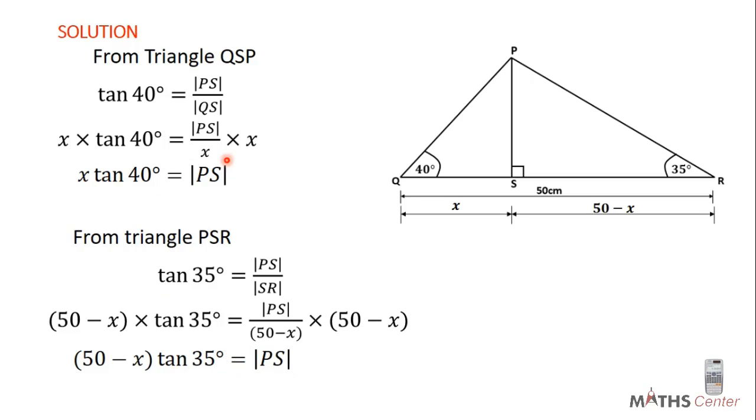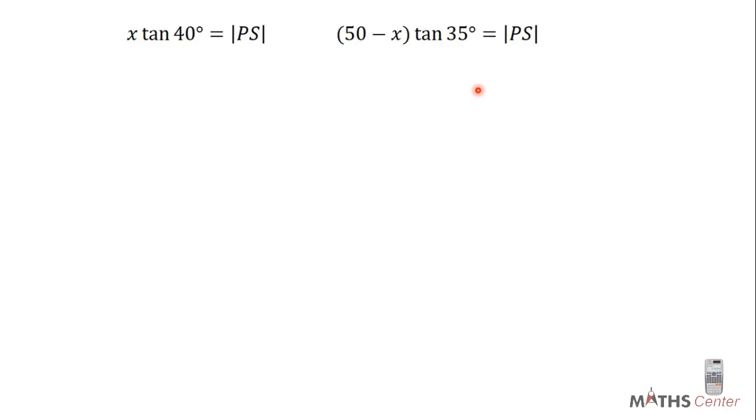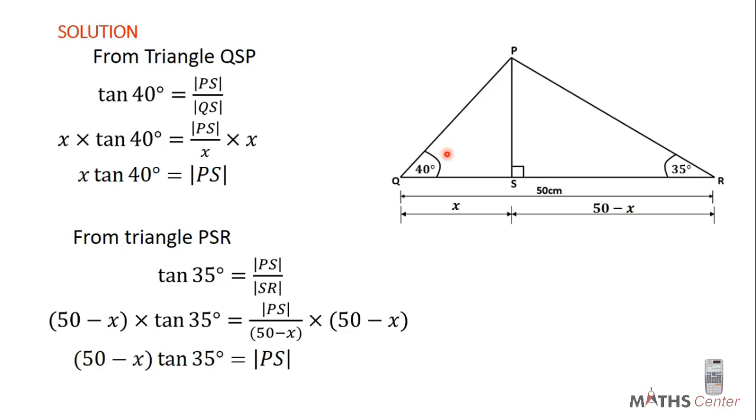So I found PS from the first diagram and I found PS from the second diagram. But it is the same PS we are talking about. PS from the first right angle triangle is this. PS from the second right angle triangle is the same thing.